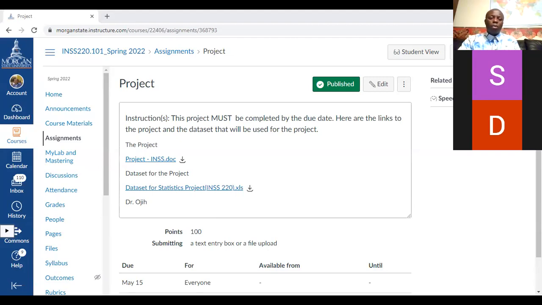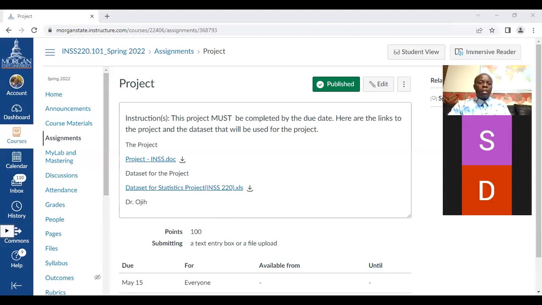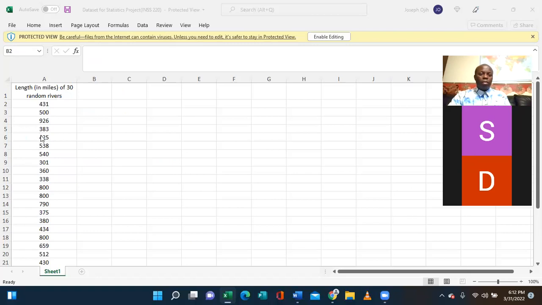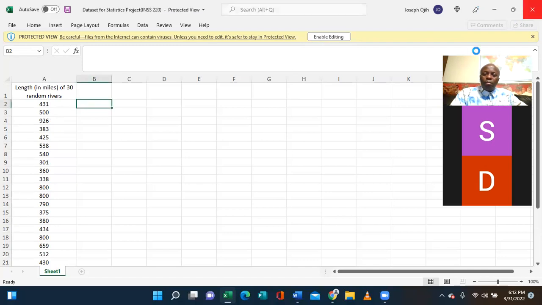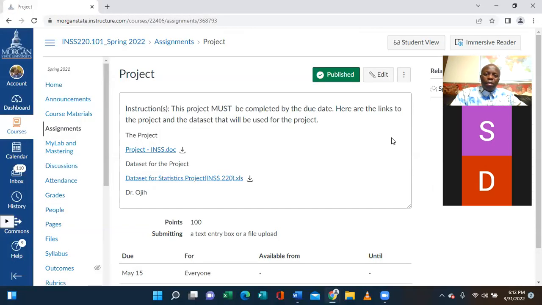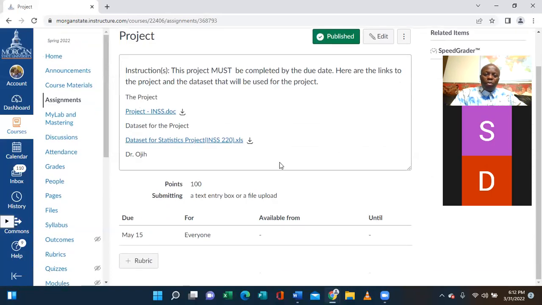Then you can continue. So here is the data set that you need. It is the length in miles of 30 rivers in the United States. So this is what you need to answer those questions on the project. So again, the earlier you start, the better for you. It is due on May 15th.